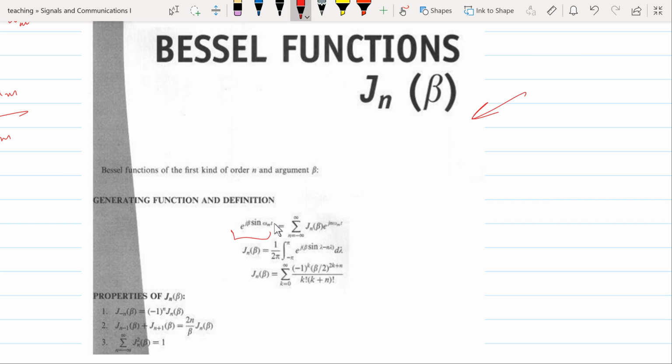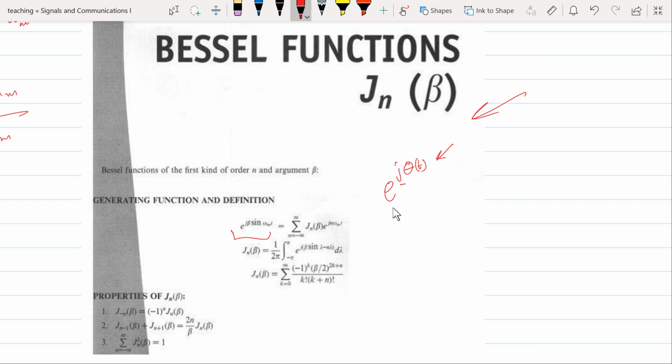We normally have e to the j theta, which is a function of t, and this is a periodic wave.